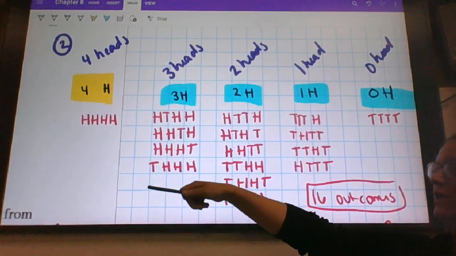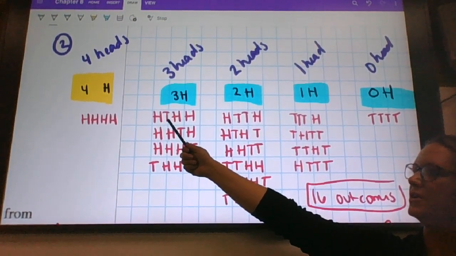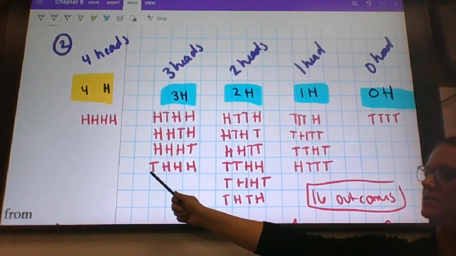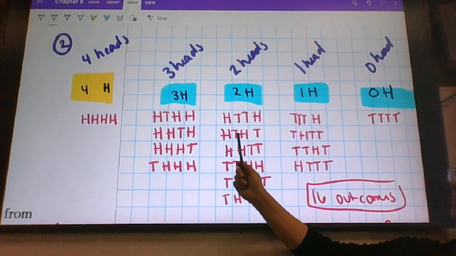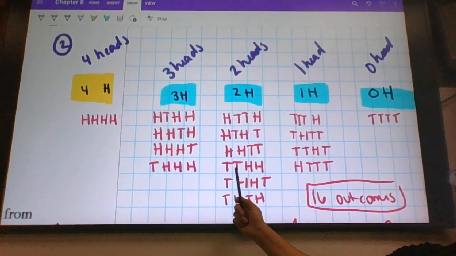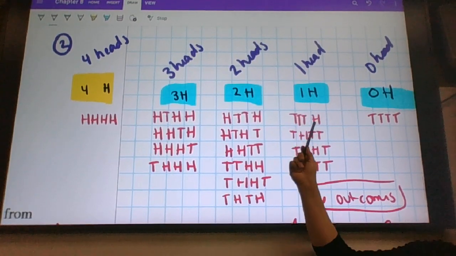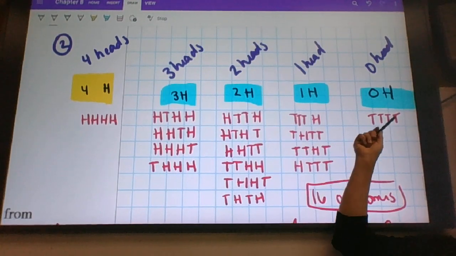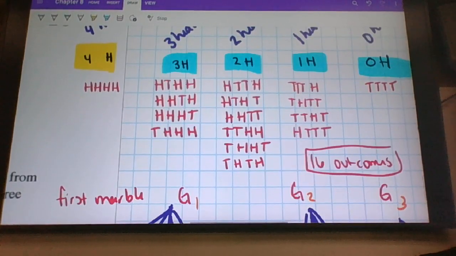In order to get 3 heads, that means I would just have a tail in each of the 4 spots. In order to get 2 heads, I would have 2 tails. In 1 head, I would just have to put the H in each of the 4 spots. And then finally, 0 heads would be all tails. 16 outcomes.